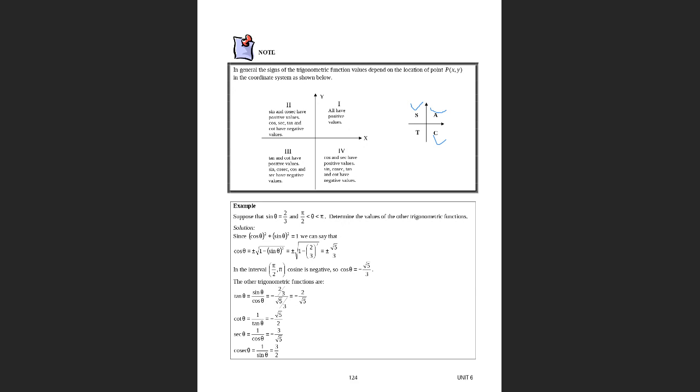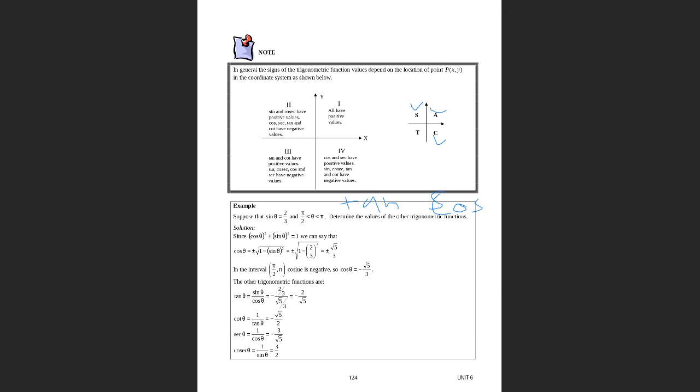Okay, so now let's look at a question. Suppose that sin theta equals 2 over 3, and theta is between pi over 2 and pi. Determine the values of the other trigonometric functions. Good. When they are talking about other trigonometric functions, they are talking about tan, cos, and the reciprocals.